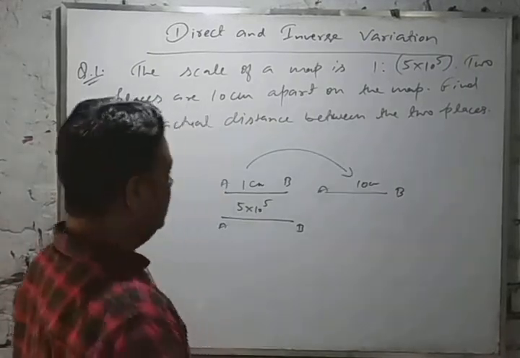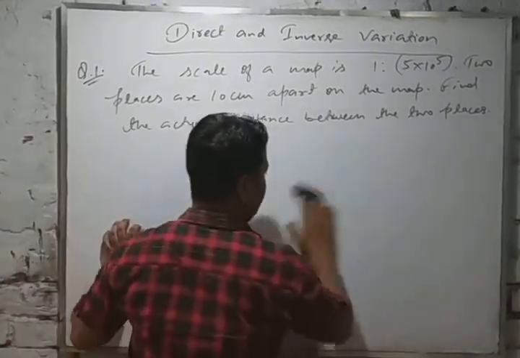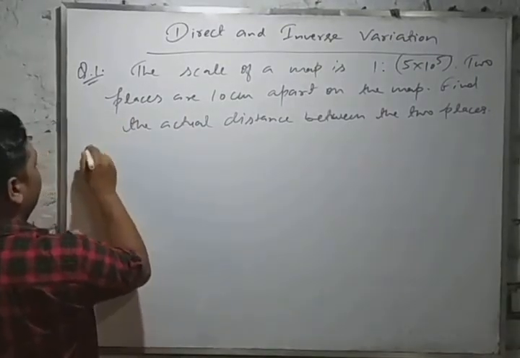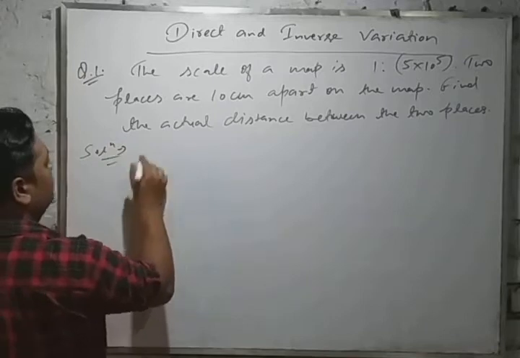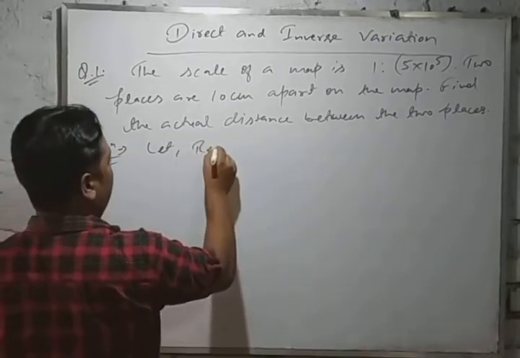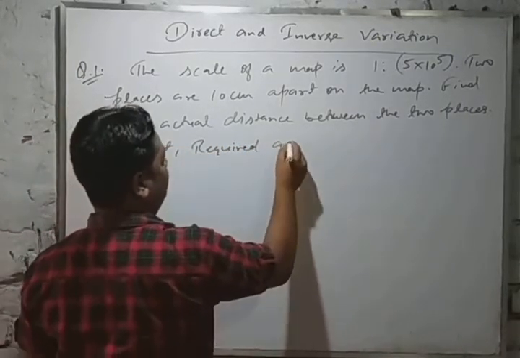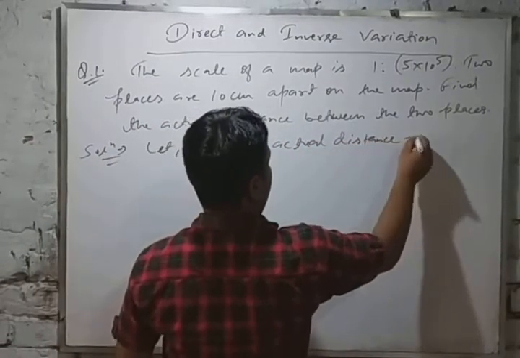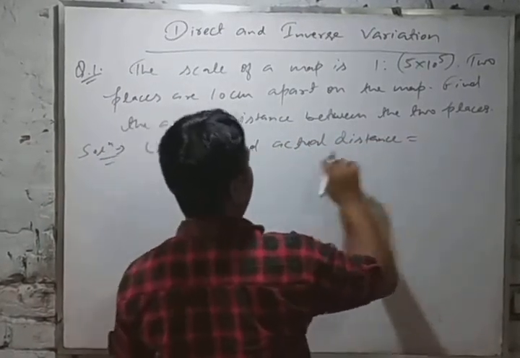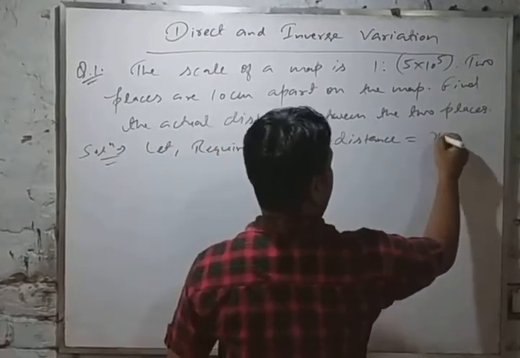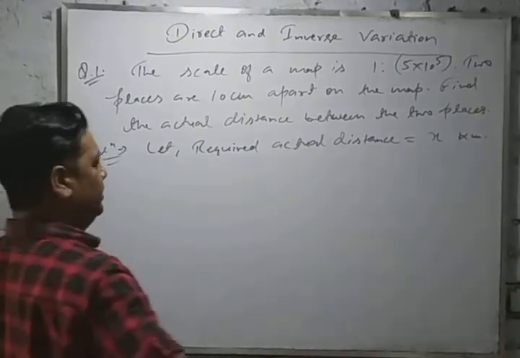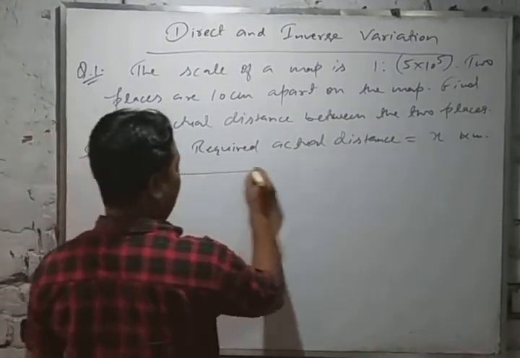But how can we write it? At first, let the required actual distance be x kilometer. First we will make a box.